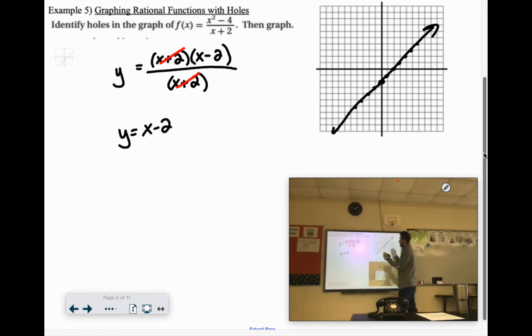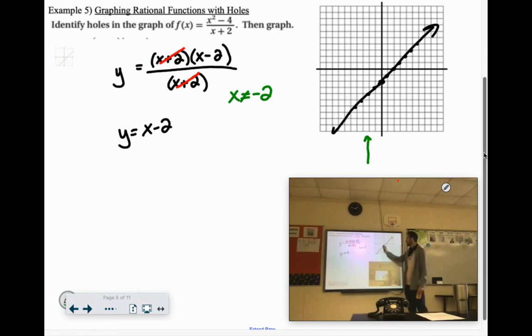So again, that's fine, but there is a hole in this one because we have to go with the original equation. Is there anything that would make the denominator equal 0 before it was canceled? So just like we did with the rational equations, consider your excluded values. This says x plus 2, so that means x could not equal -2. Where on the graph does x equal -2? That would be here.